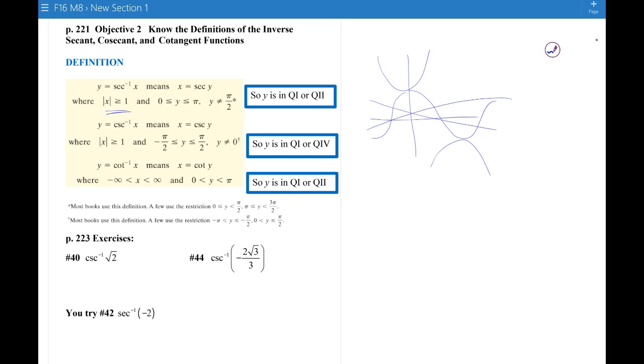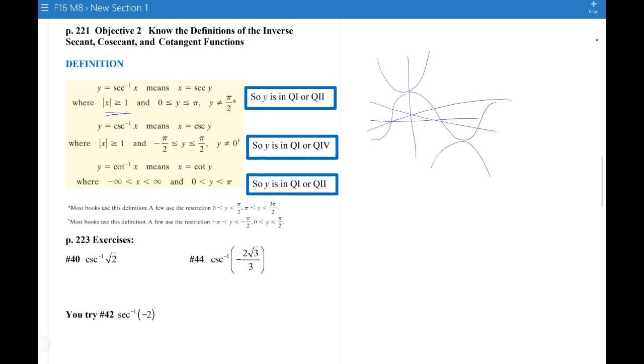So see how it's never in here between negative 1 and 1. It has to be outside of 1 in absolute value. And we restrict the domain in the same way as cosine, except remember we have to punch a hole out at pi over 2 because this graph is undefined here.